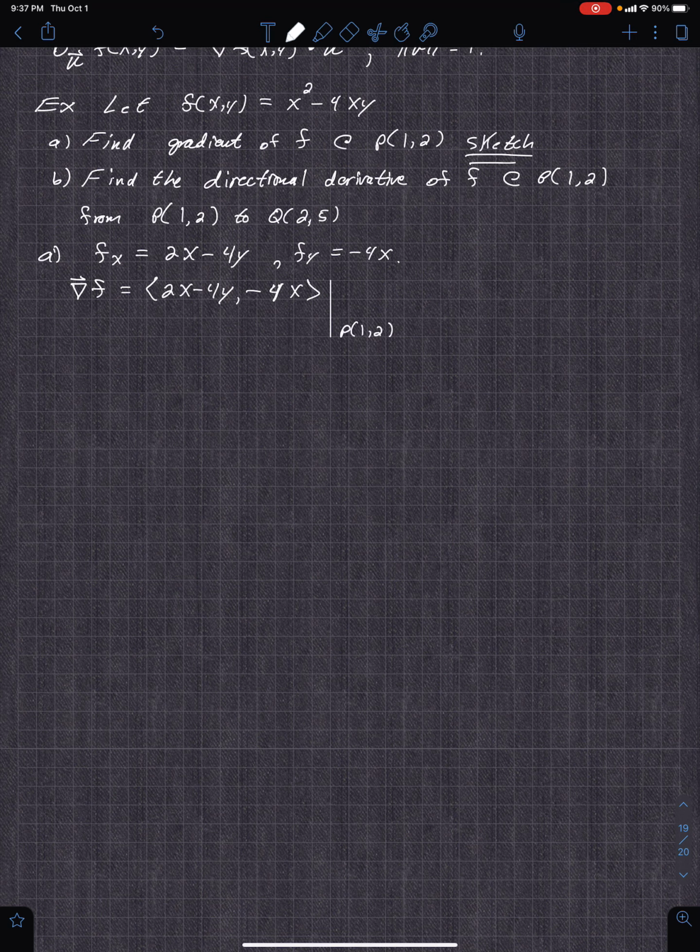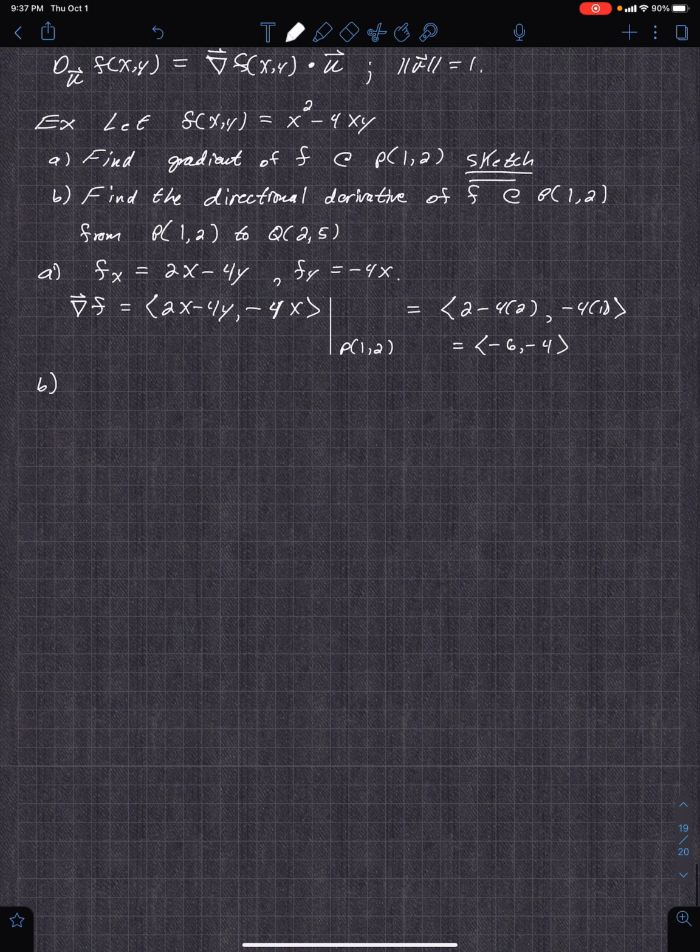At the point (x, y) gives us, and then you just plug it in: 2 minus 4 times 2, comma, negative 4 times 1, which gives us (negative 6, negative 4). Okay, and then B, we need to figure out PQ.